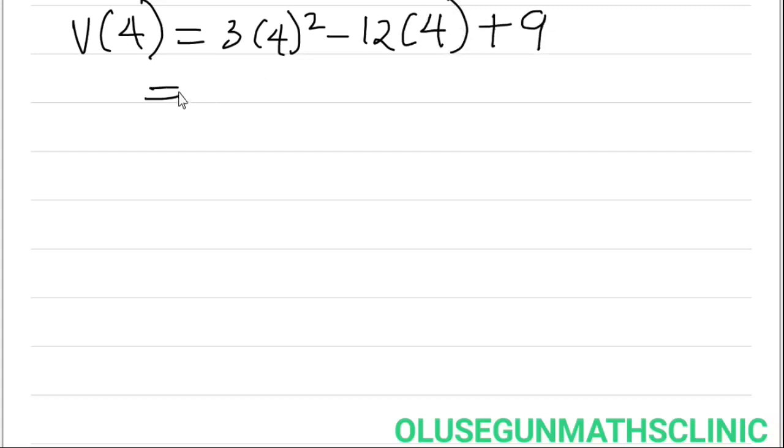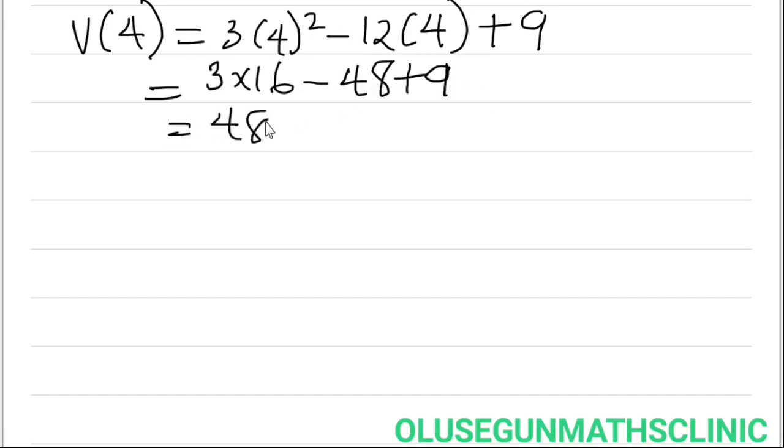That is 3 times 16, which is 48, minus 48 plus 9. So that gives you 9 meters per second.